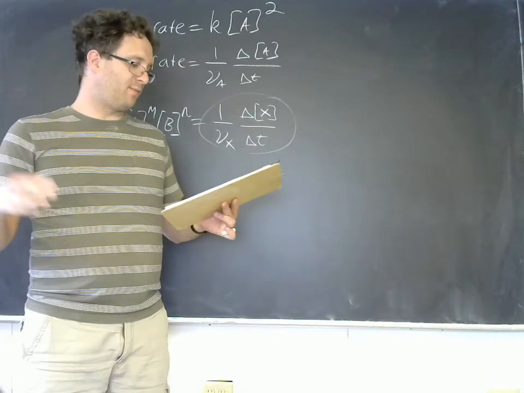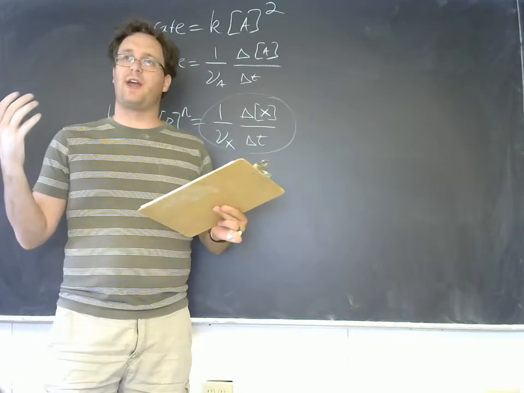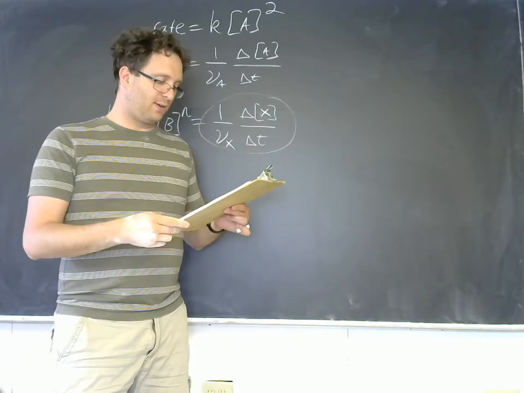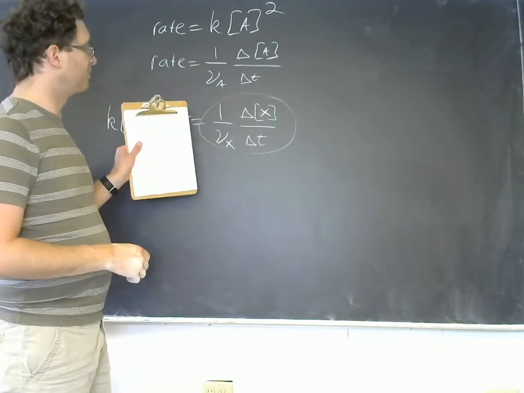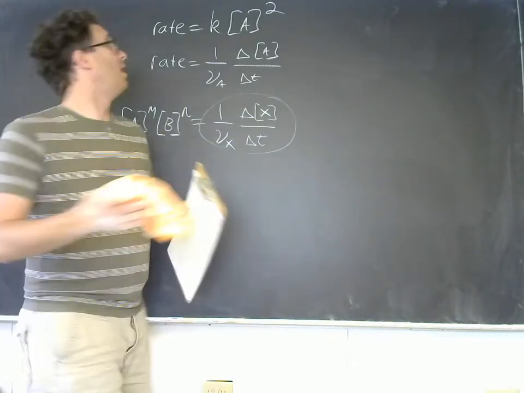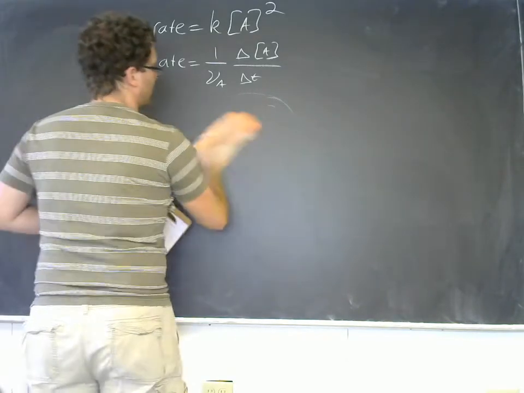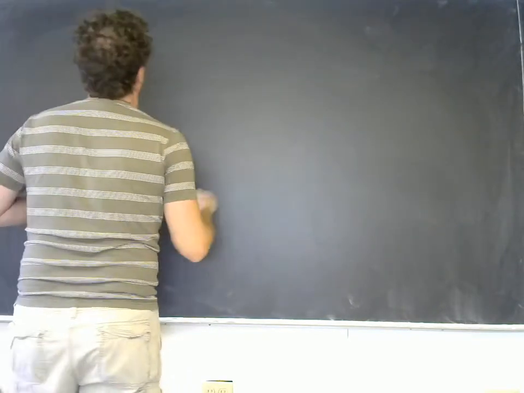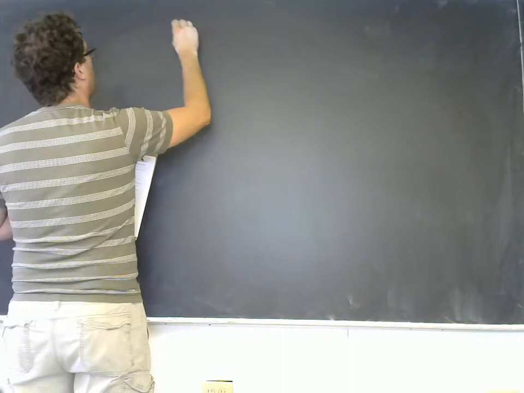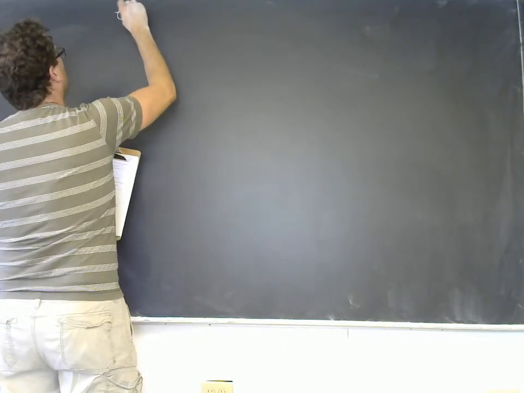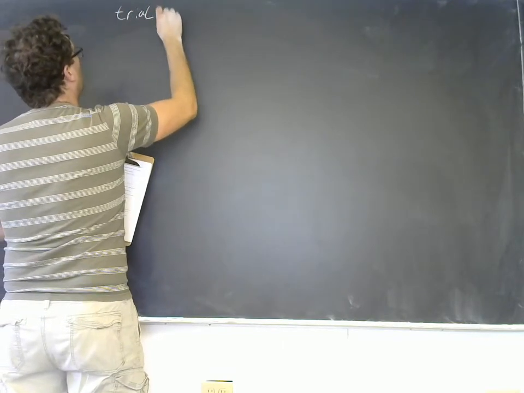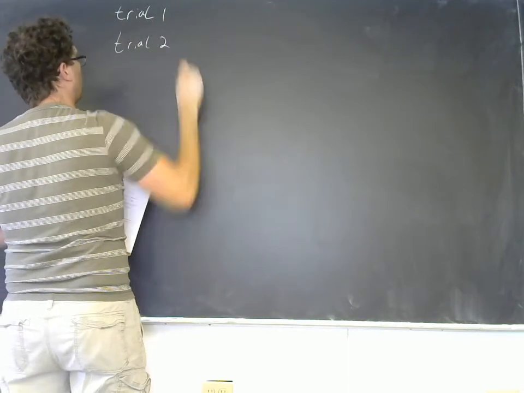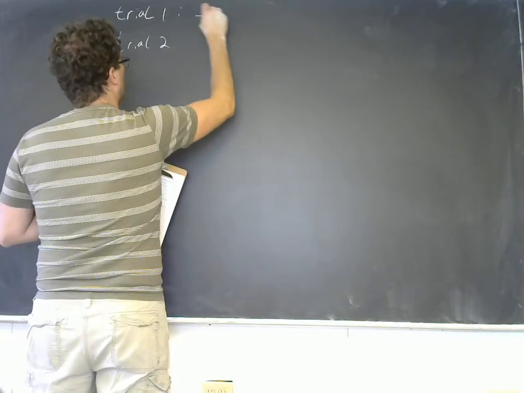And so if you measure the reaction rate under conditions where A is doubled, then we can, well, why don't we do the derivation really quickly, and then I'll give you the bottom line of it. Okay, so if I have trial 1 and trial 2, trial 1, oh goodness.